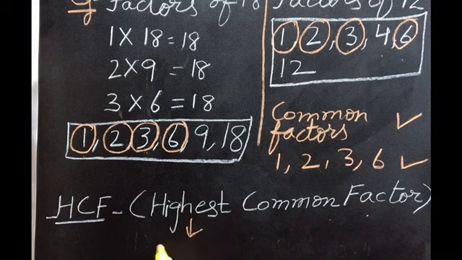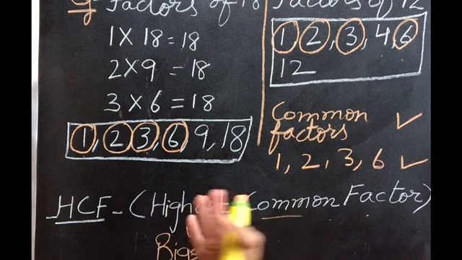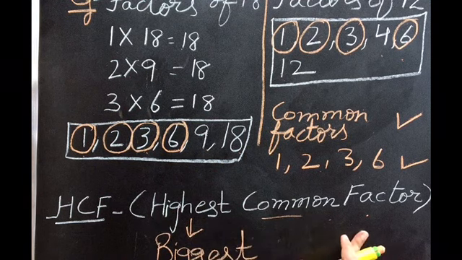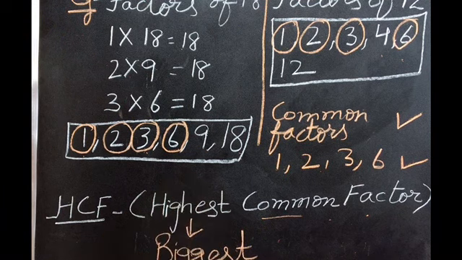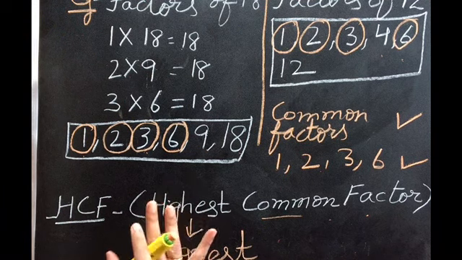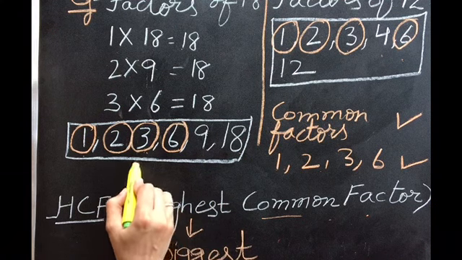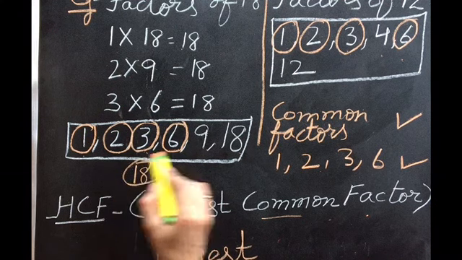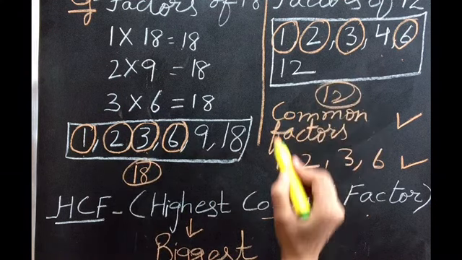Next thing is highest common factor. Highest is biggest, common which is shared by all numbers and factor which is exact divisor. So up to now we have calculated the common factors of 18 and the common factors of 12. Fine.